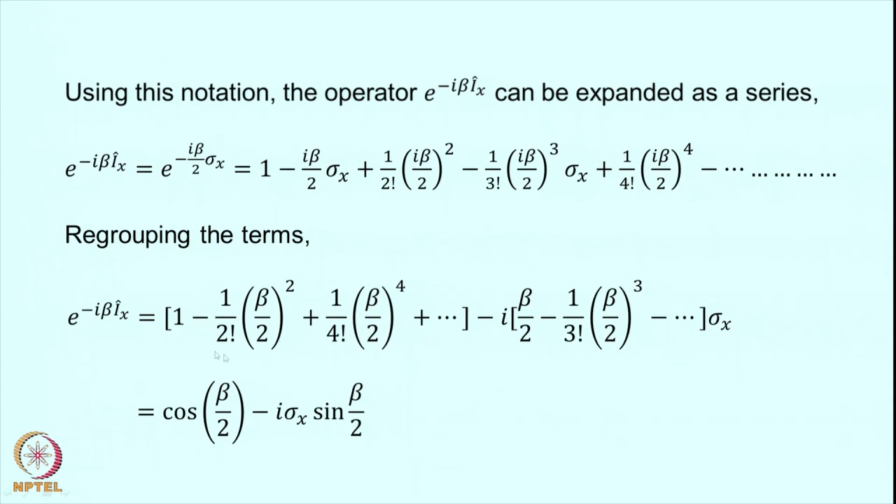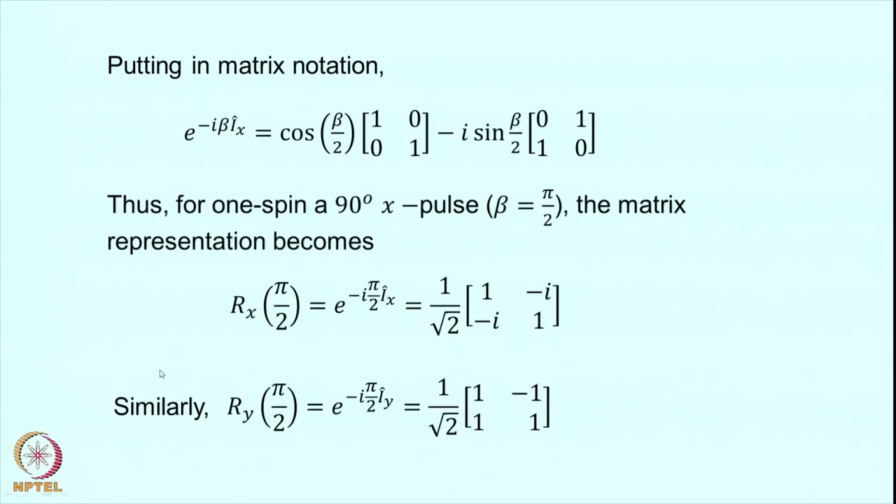Therefore I have here cosine beta by 2 multiplied by the unit matrix, and the other term is minus i sigma x sine beta by 2. So what does this give me? Put this in matrix form explicitly: cosine beta by 2 times the matrix 1 0 0 1, minus i sine beta by 2 times sigma x, which is 0 1 1 0.